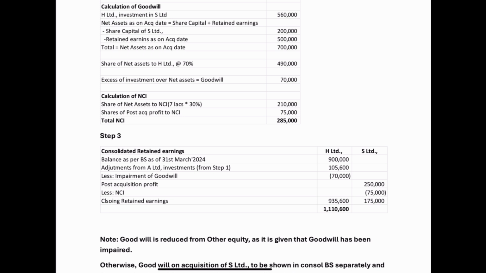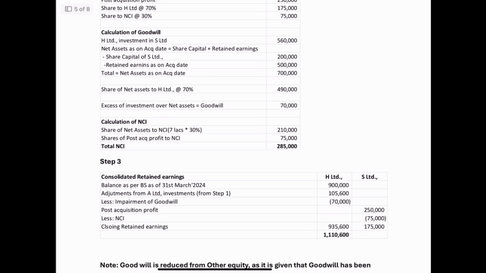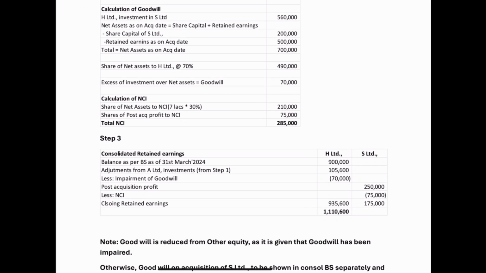That's one part. And second, the share of the post acquisition profit to NCI. So post acquisition profit is 2,50,000 rupees. On 2,50,000, 30% is 75,000. So these two together will be the non-controllable interest that needs to be shown separately in the consolidated financial statement.